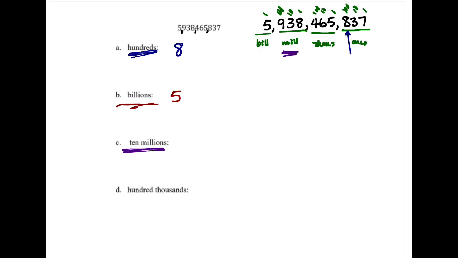So we know it's in the millions category, and it's in the tens place, so that's the 3. Our number's getting a mess. See why I wanted to write it bigger? Okay, and the last one, 100 thousands. So it's in the thousands period, and the 100 spot, so it's going to be the 4.